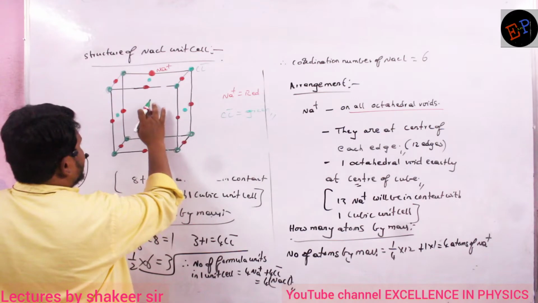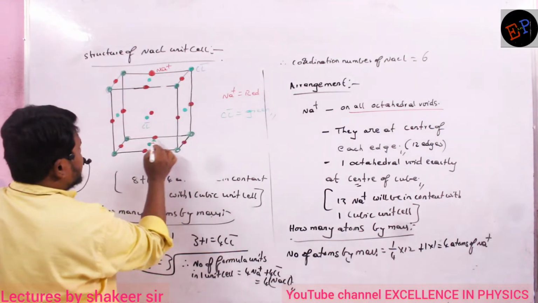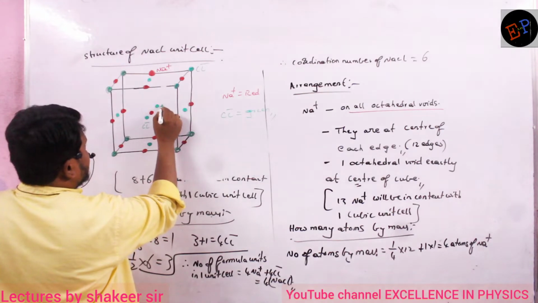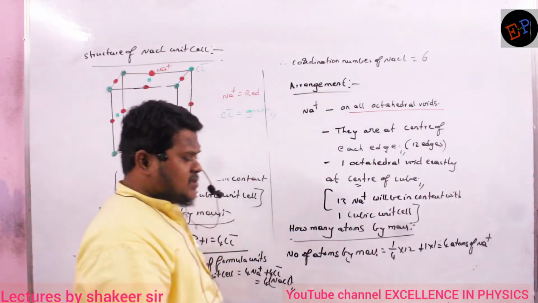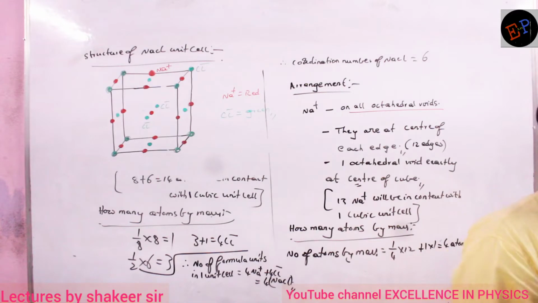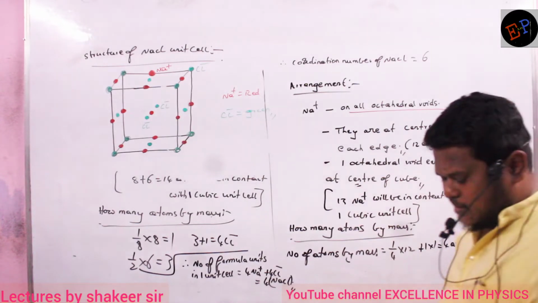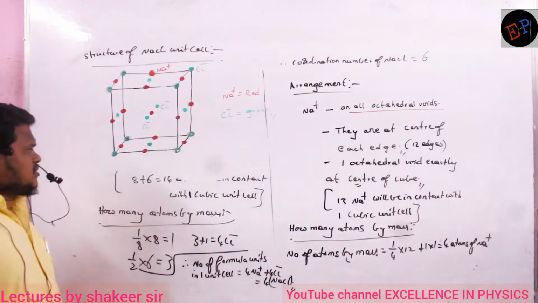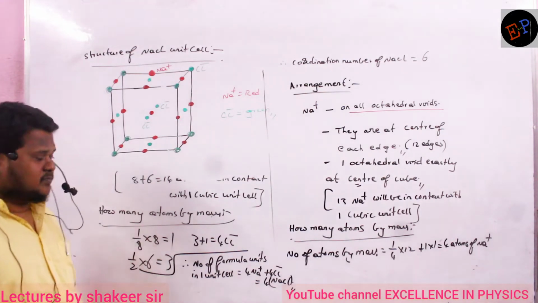Here there will be one Na plus. And the center of this face is somewhere here, so this is another Cl minus. So this is the arrangement of all Na plus and Cl minus ions. Are you able to understand? Clear? Okay. So draw this diagram carefully.